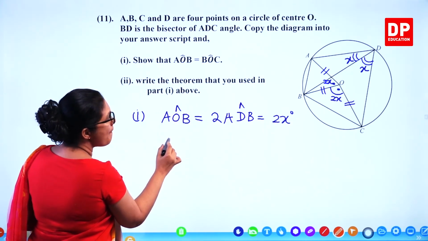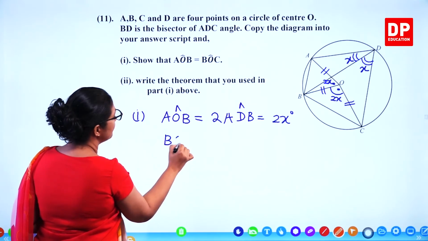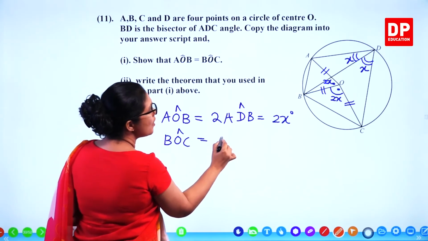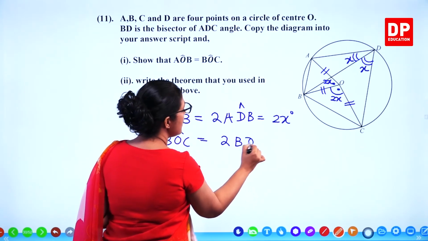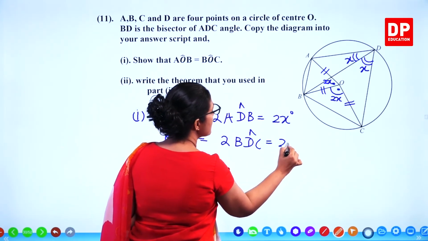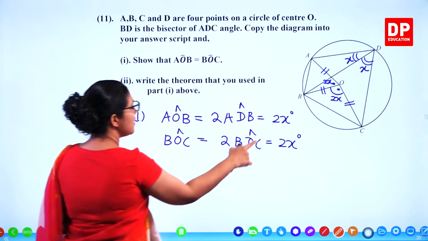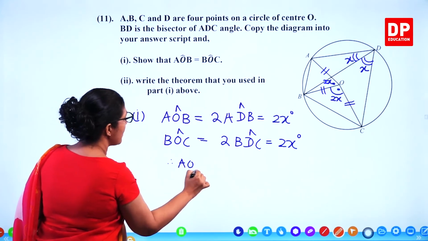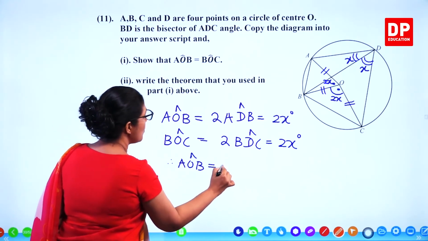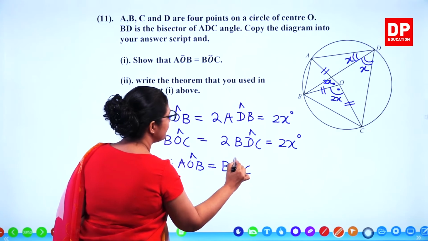Then BOC is equal to double of angle BDC. That's also 2x. So these two are the same, so angle AOB is equal to BOC.